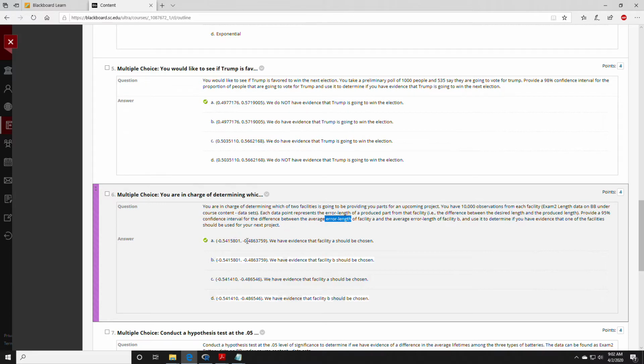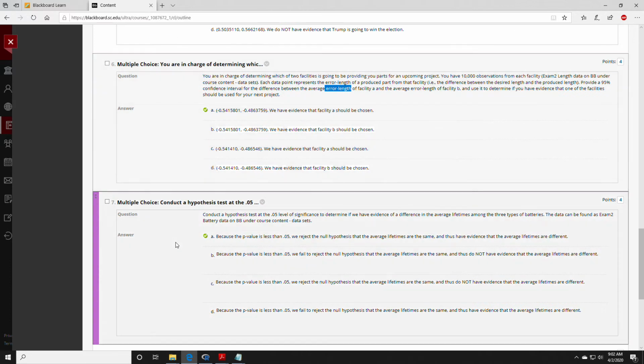Because this confidence interval is completely negative, we have evidence that the mean for group 2 is bigger. Something minus something is completely negative, so group 2 is bigger. That means the average error length for facility B, group 2, is bigger, which is bad. And thus we have evidence that facility A has a smaller average error length, and of course, that's why we should choose it.